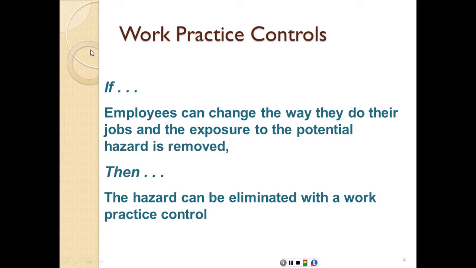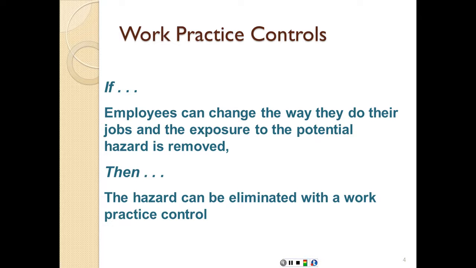So the work practice controls: if the employees can change the way they do their jobs and the exposure to the potential hazard is removed, then the hazard can be eliminated with the work practice control. Just to give you an example, when you are lifting a heavy object, there's a proper way of lifting it and there's a wrong way of lifting it.